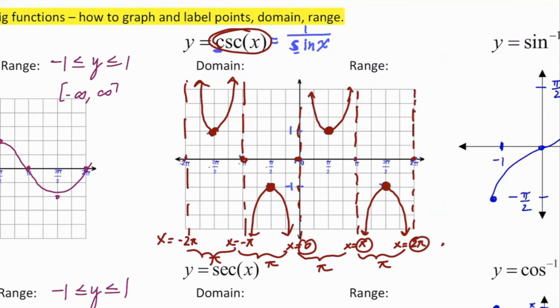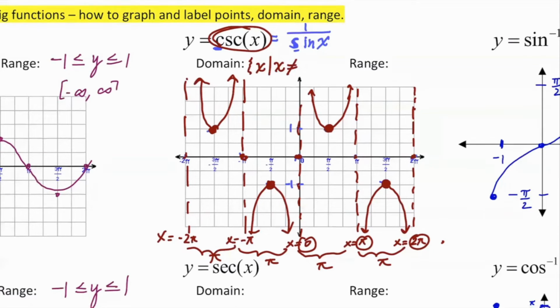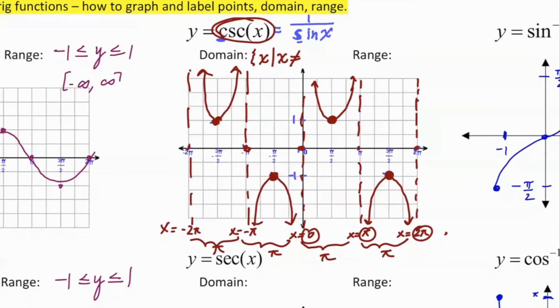So my domain for cosecant is going to be all numbers except the first asymptote I'm going to see, which is 0, plus every pi radians. My asymptotes repeat every pi radians, so plus pi times n. That's my domain.